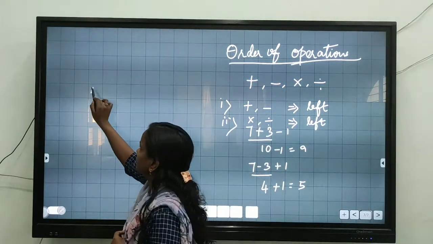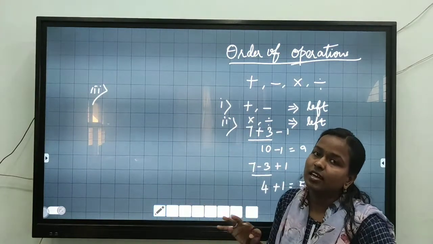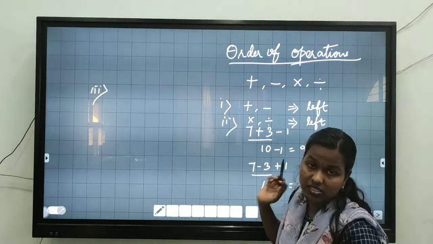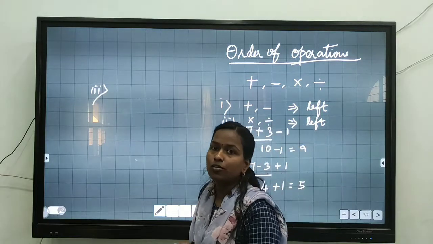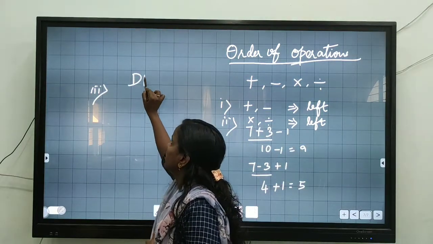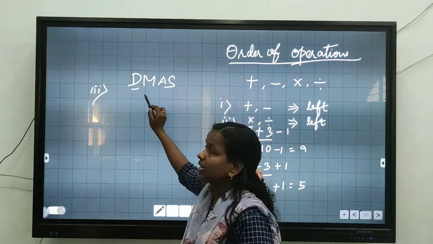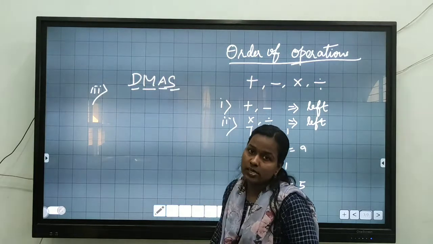Next condition, if all the operations are coming mixed together, for example addition, subtraction, multiplication and division all together, you have to do according to DMAS. D means division, M means multiplication, A means addition, S means subtraction.